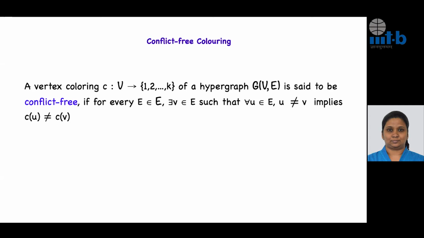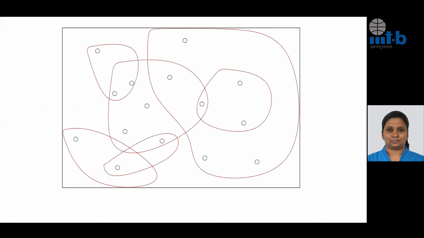So this is an example of a conflict-free coloring. Assume this is a hypergraph. The circles represent the vertices, and the closed figures, the polygonal regions, correspond to the hyperedges. A coloring like this is a conflict-free coloring.